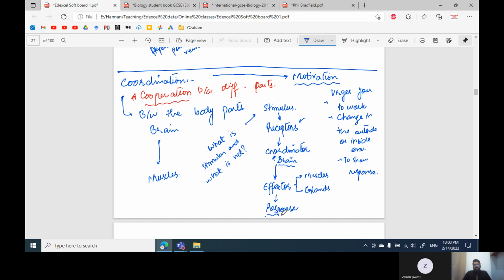The effectors are here to show the response to the stimulus. But in the pathway, there are three things: receptors, coordinator, and effector. If we have the proper receptors, we can process the information and show the effect accordingly with the help of our muscles.